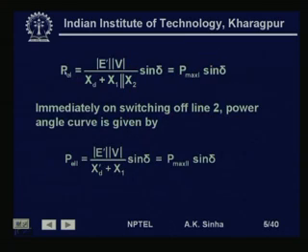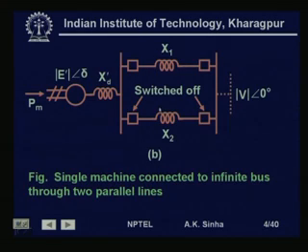So, we have the electrical power output given by E dash V by x d plus x 1 and x 2 in parallel. X 1 and x 2 are in parallel and this x d is in series with that. That gives the total reactance between the machine internal voltage and the infinite bus voltage.